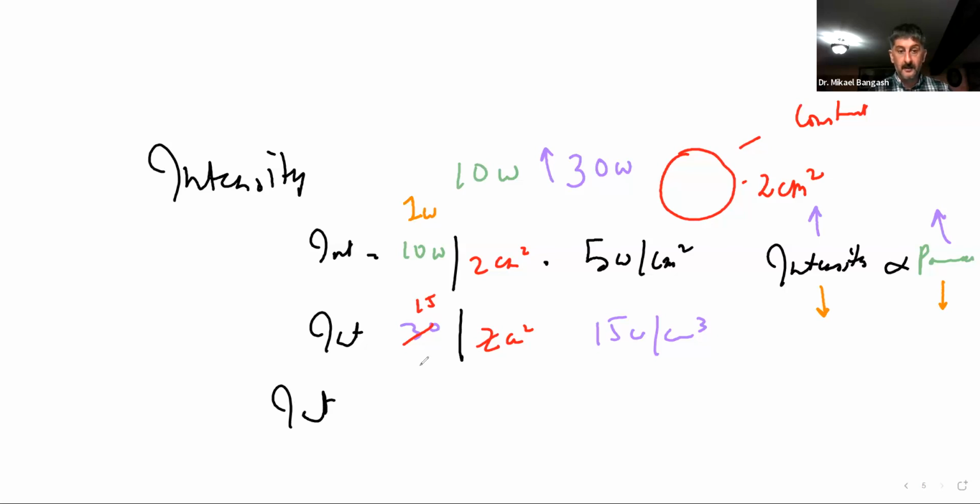We have 1 watt distributed in the same area, which is 2 centimeters square. And in this case, your intensity is going to end up being half a watt per centimeter square.